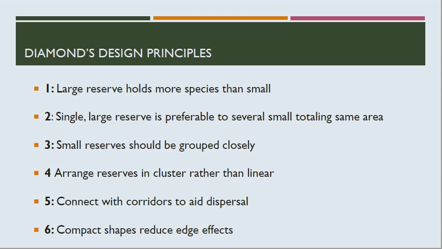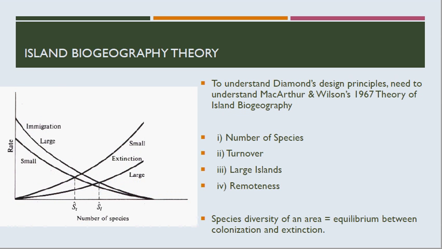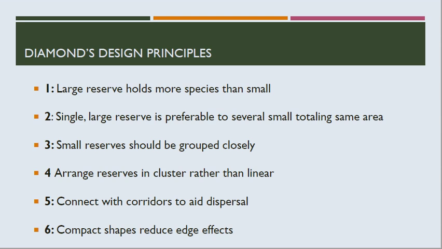So the idea is that a single large reserve would tend to have less problems from edges than several small reserves.